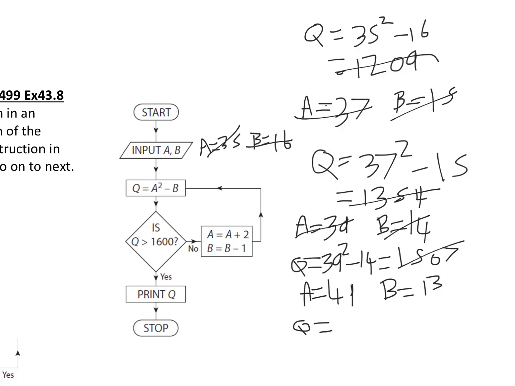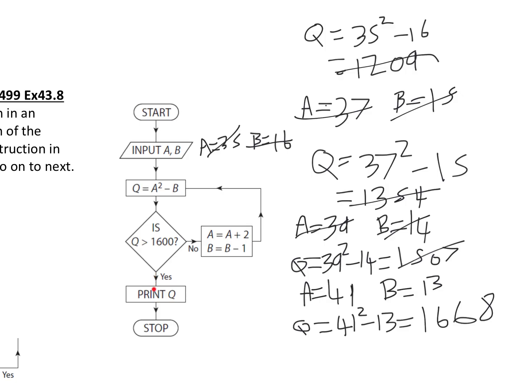So we're going to get a new value of Q. 41 squared minus 13, which is 1668. So we've worked it out. Follow the arrow. Is it bigger than 1600? The answer for the first time is yes, we follow this direction.